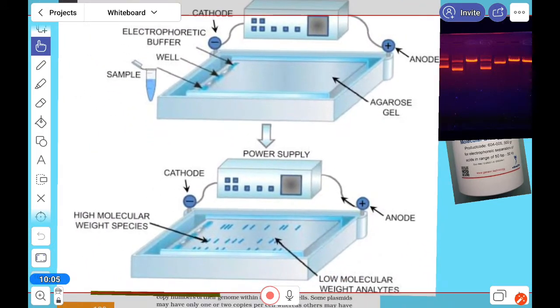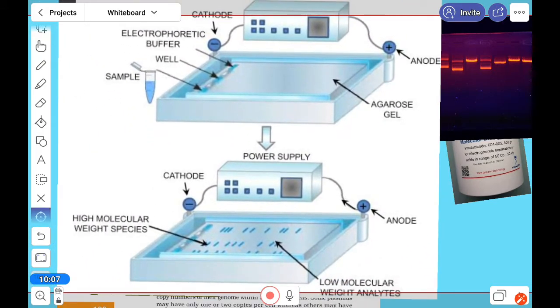Now the DNA sample is given in one well. All the different samples are given. Already you know how it is done in DNA fingerprinting and others also. So the higher molecular weight, the longer sequences, cannot move faster through the gel, but all have a tendency to go towards the anode because they are negatively charged.